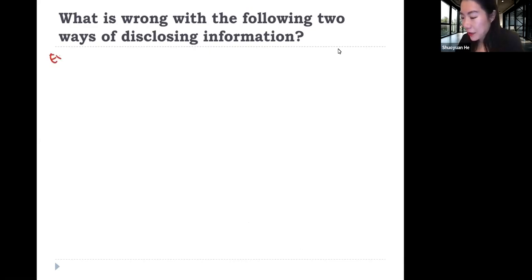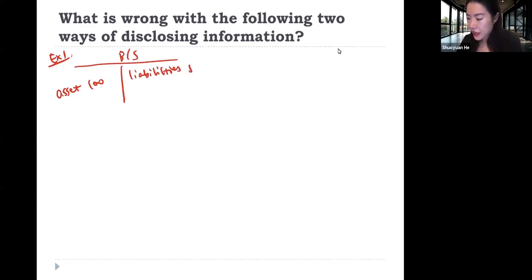The first example is if I make the balance sheet this way. I have, for example, assets 100, liabilities 50, shareholders' equity 50, and that's it. So this is one example of making a balance sheet.